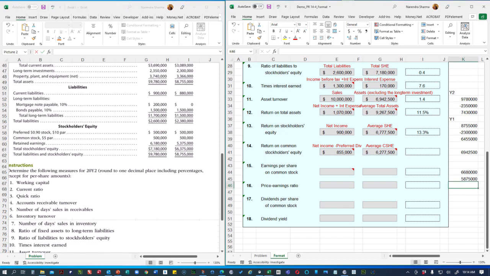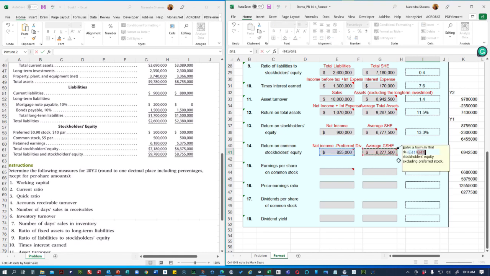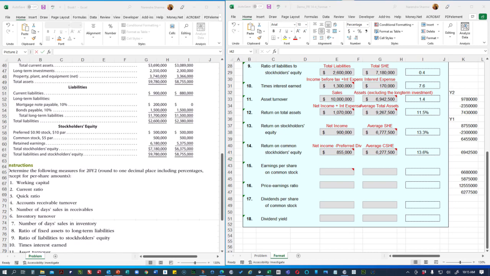Then you just add them up, get that figure, and divide it by 2. So we'll get 6,277,500. That's what I got as the average common stockholders equity. Now I'm going to divide this, so that will be 13.6. Again, the interpretation is, for every $100 invested by common stockholders, they will be expecting to earn a net income of $13.6. So that's how we do the interpretation part.